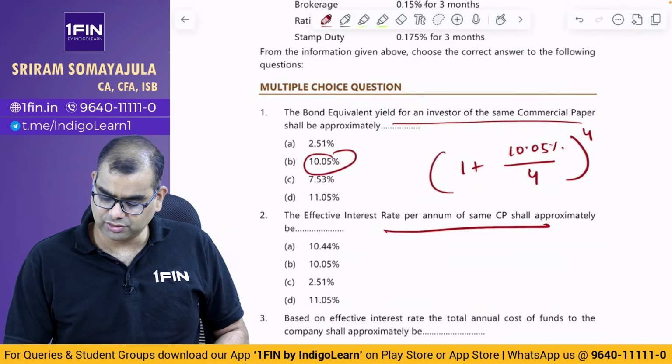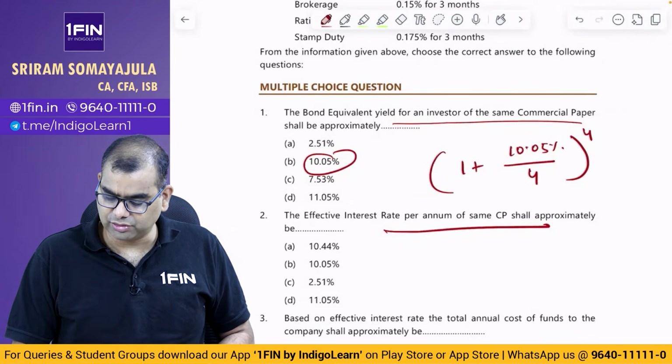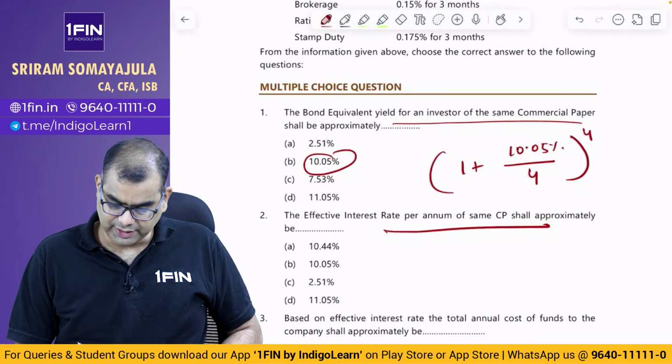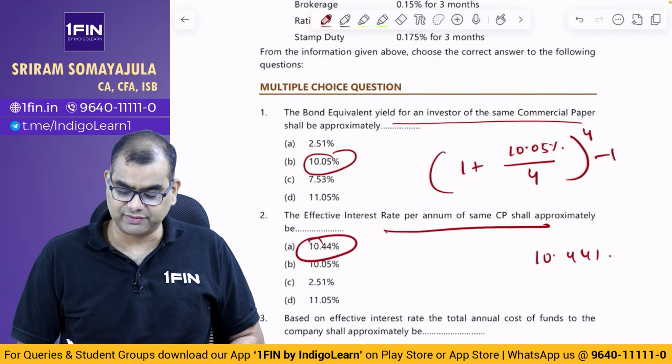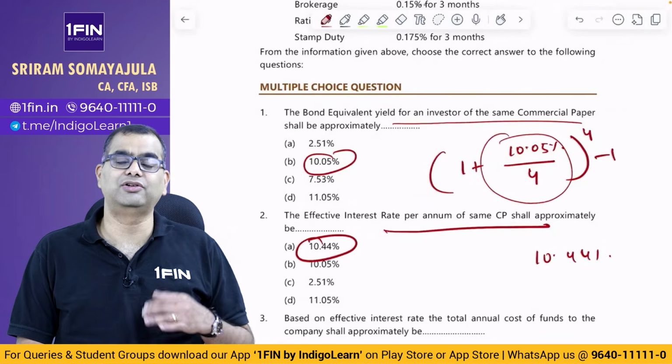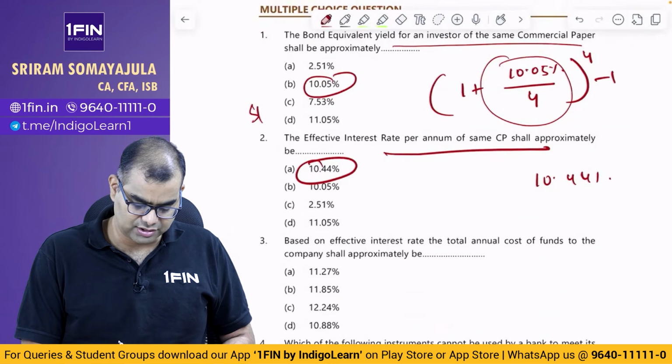So 10.05% divided by 4, plus 1, then to the power 4, minus 1. Then I get 10.435 or 44%. So this is the effective interest rate. So basically you are annualizing it instead of computing it on a simple basis. This is simple interest, this is compound interest.